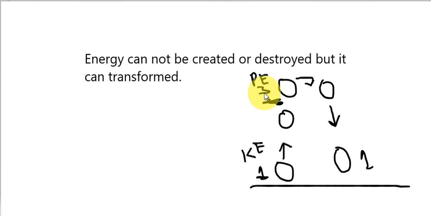Now the ball has maximum potential energy at point 3 and zero kinetic energy at point 3, and when the ball starts moving back and reaches point 1 again, the potential energy has gone. Potential energy at point 1 is 0, but the kinetic energy is again maximum.